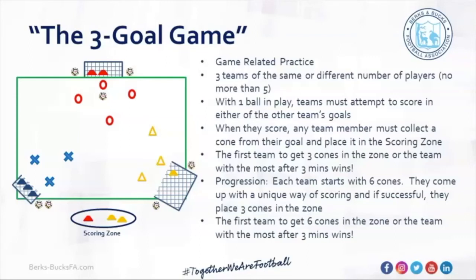Oops. This is only if you've got the facilities, obviously. But it works upon, can they score a goal in any of the other 2 goals? If you score a goal, one of your players gets one of your cones at the goal and puts it in the scoring zone. But at the same time, like in the last couple of practices ago, the team that have just conceded get a ball out and play straight away.